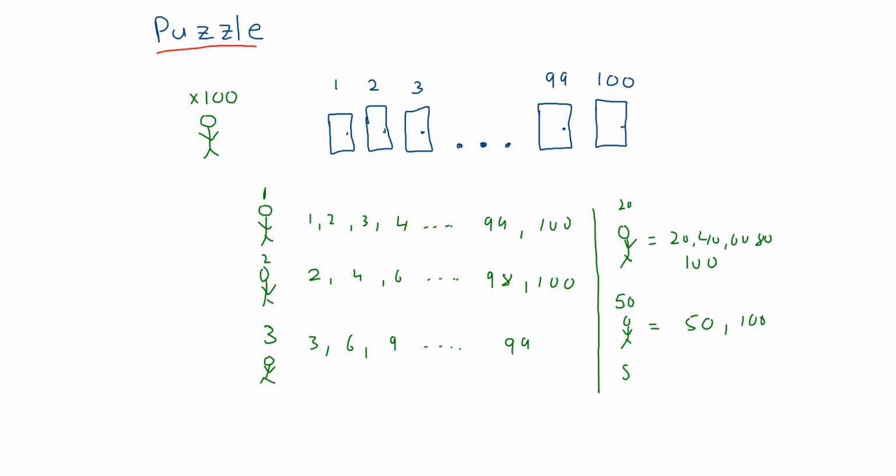Person 51, with the big 51 over their head, is just going to flick switch 51, because the next switch they'd want to flick is 102, but there's only 100 switches. So everyone bigger than 50 only gets to flick one switch. And if a switch is off, they'll turn it on, and if a switch is on, they'll turn it back off. So they'll just change the switch when they touch it.